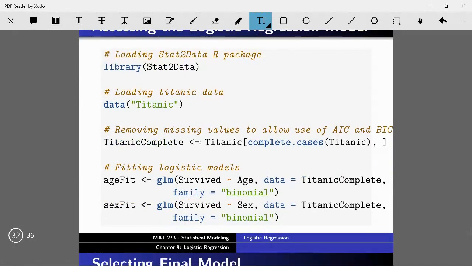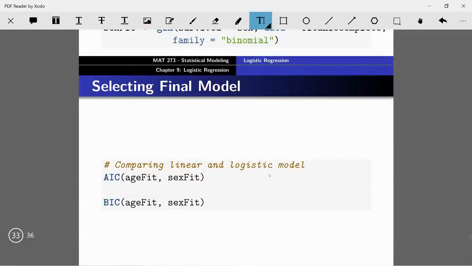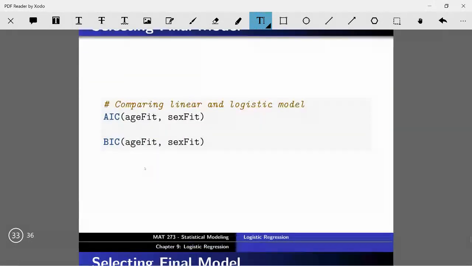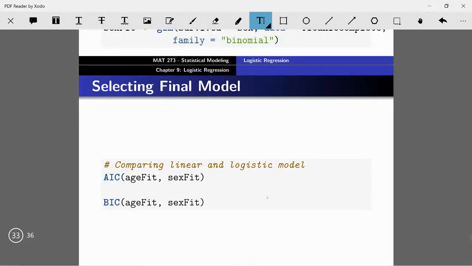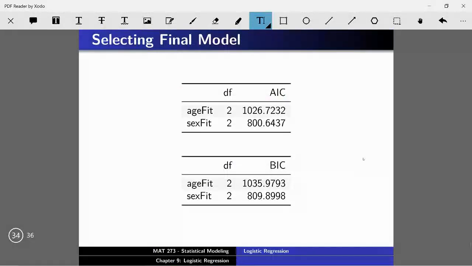Okay, so fitting these models, we're going to compare whether using age as a predictor or sex as a predictor is better if we're going to just use a one predictor model. Storing those fits, we can calculate the AIC and BIC using the AIC and BIC functions in R. Here we can see that the model using sex of the passenger as a predictor has a lower AIC and a lower BIC.